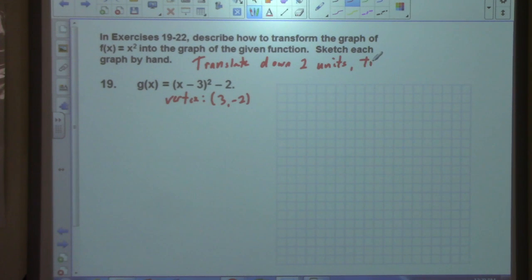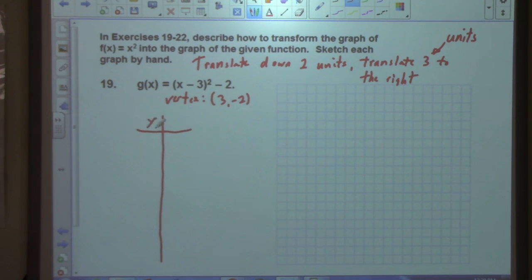Translate 3 units to the right. And so now we can go ahead and use our x, g of x. I'll put f of x.